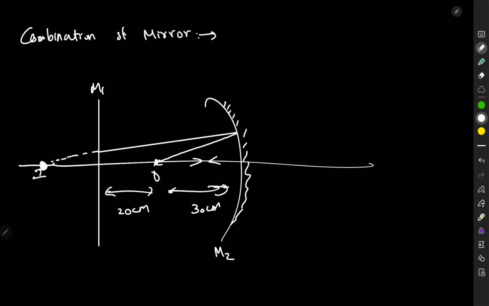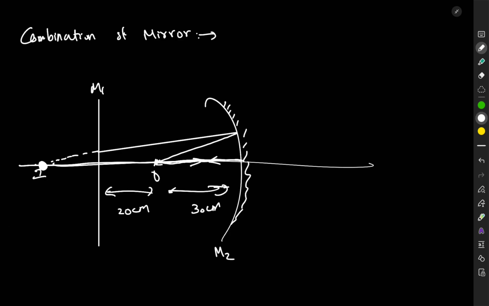It intersects here. We need to intersect in order to get an image, right? So I'm going to incident a normal ray here, so that it retraces the same path and it goes till here and intersects and forms an image.